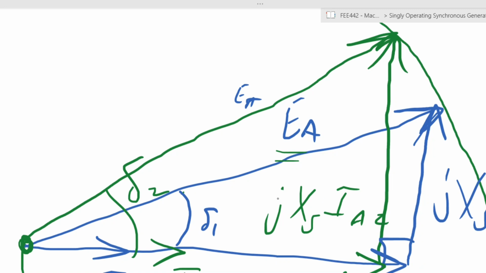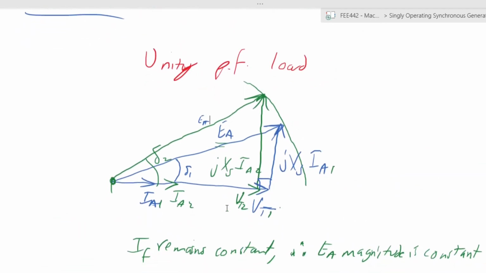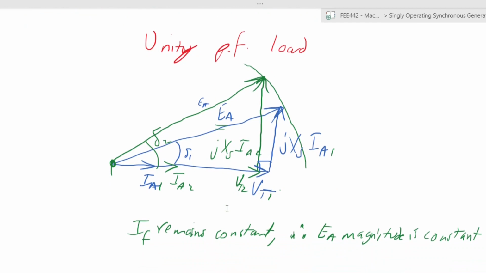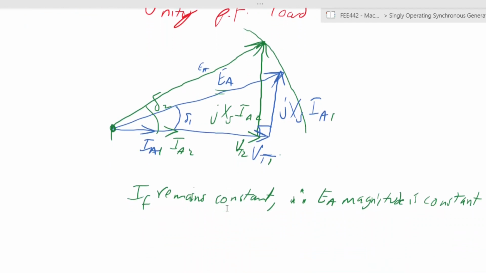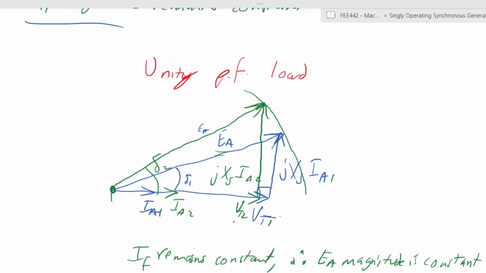So a significant change in IA, the armature current within a unity power factor scenario causes a limited change in the value of VT. So there's a small decrease, not increase, in VT for an increase in IA. Okay, this is all happening at unity power factor.